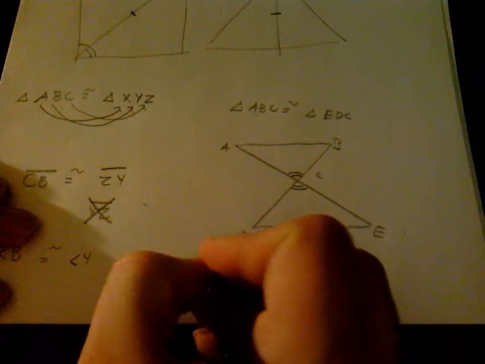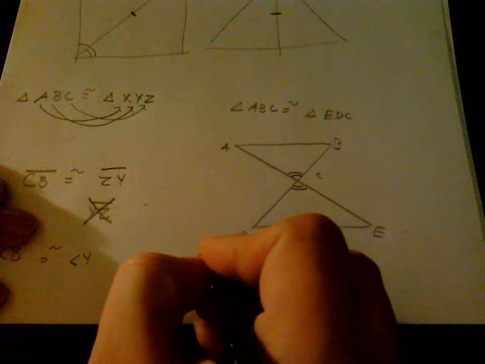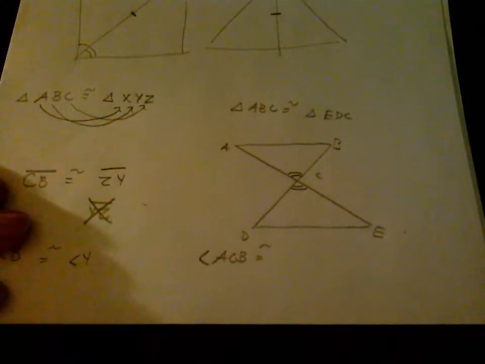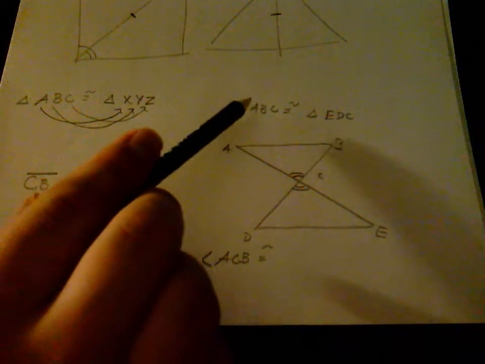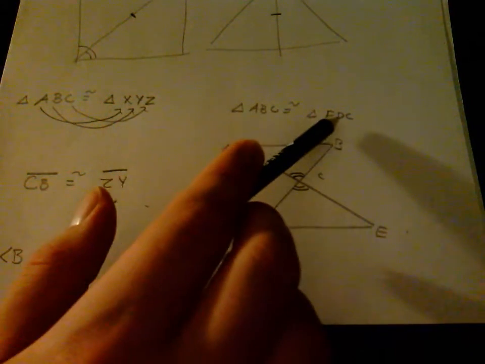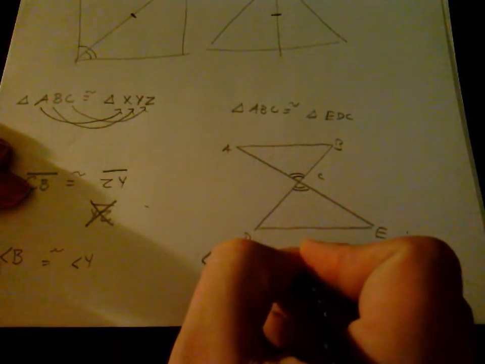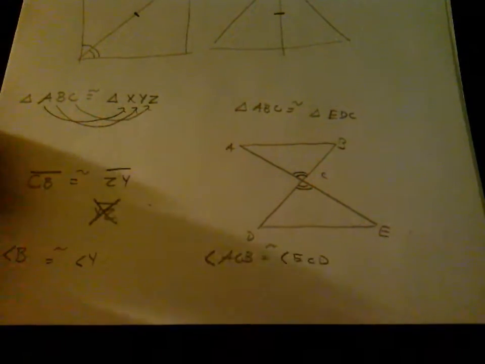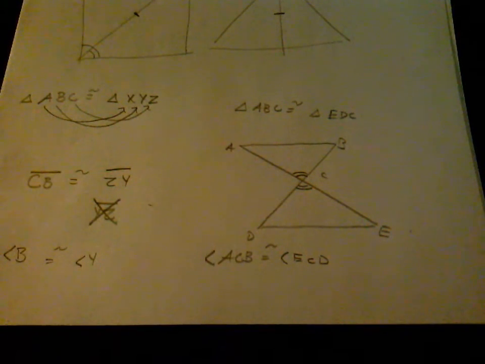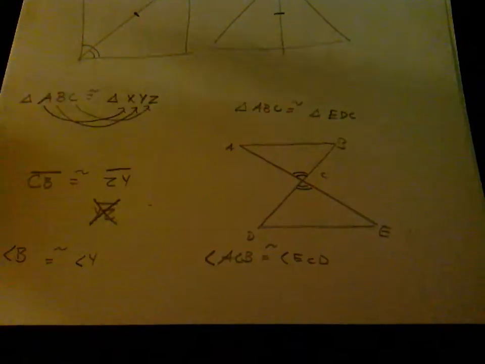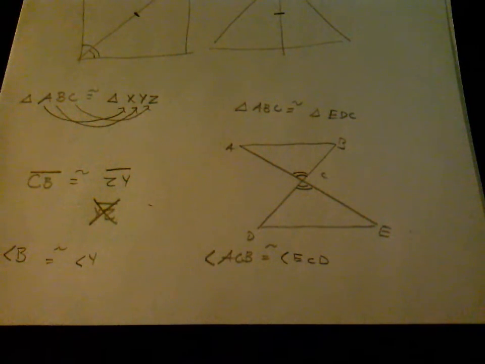So we'd say angle ACB is congruent to ECD. If I gave you something like that, that's how you'd have to write that in order for it to be correct.